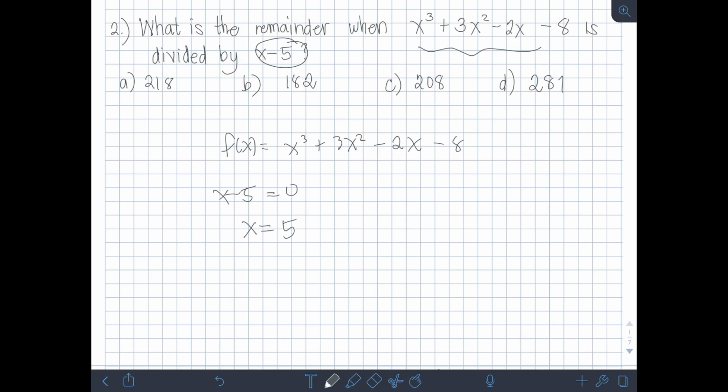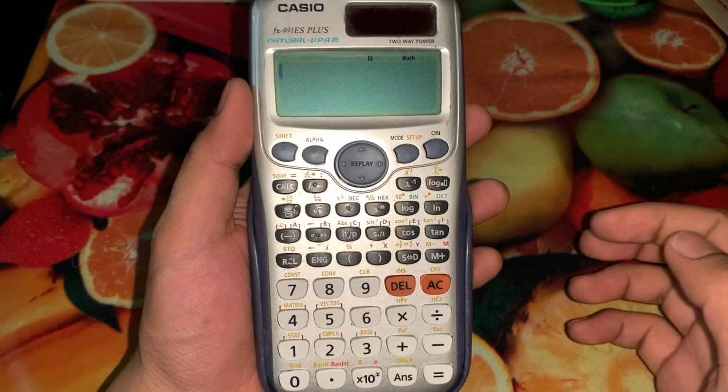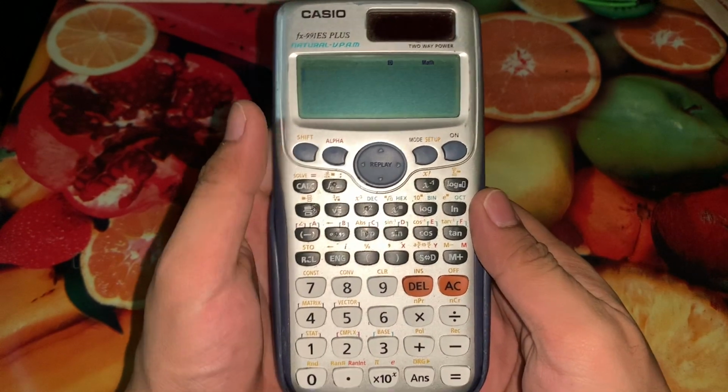So, therefore, para ma-solve natin yung remainder, i-evaluate natin itong f of x na polynomial sa value na 5. So, f of 5 will be equal to 5 cubed plus 3 times 5 squared minus 2 times 5 minus 8. So, tulad dun sa example number 1, evaluate lang natin tong f of 5 using calculator. Okay, gamit ulit tayo ng alpha x para dun sa function.